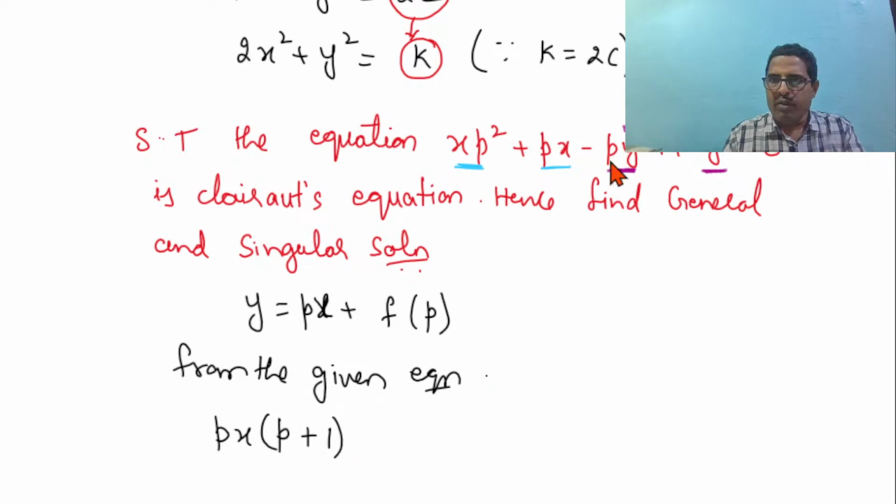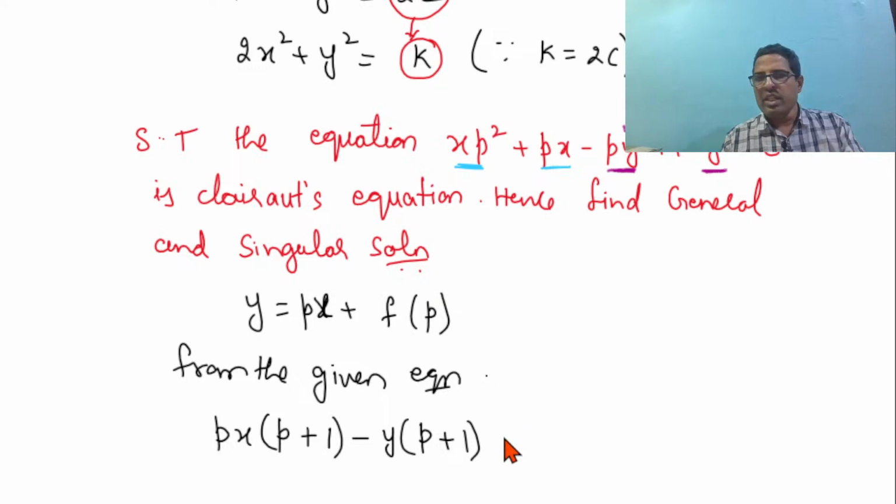And from this term and this term, you can take minus y common. What will be left out here? p will be left out. And here, because minus y is already taken, plus 1 will be left out. And this plus 1, when it goes on the other side, you can write as minus of 1.